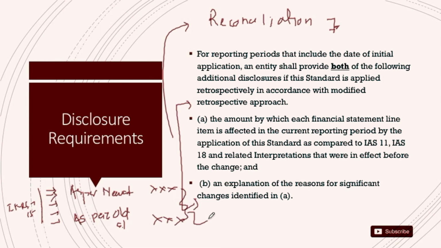And there are some adjustments due to which there is a difference between the amount as per the new standard and as per the old standard, and for these adjustments you need to provide an explanation.